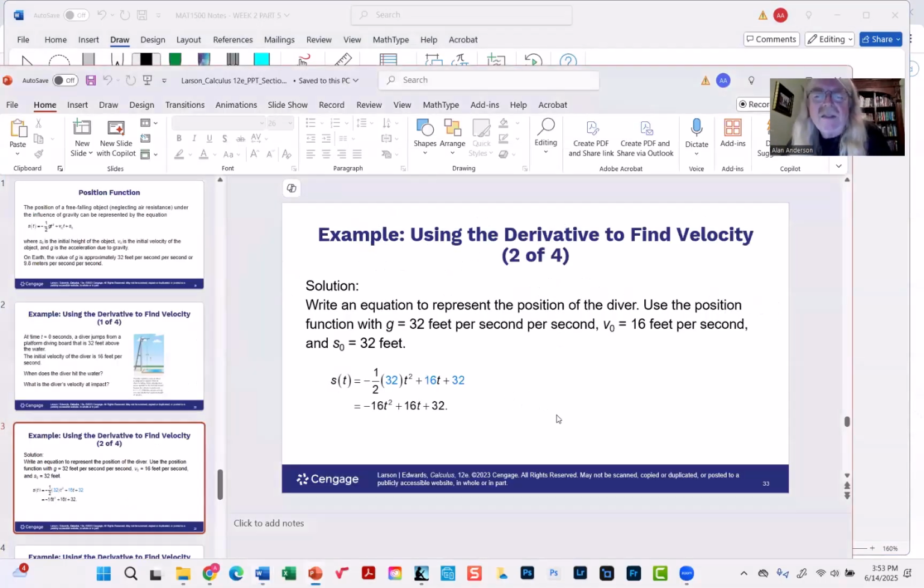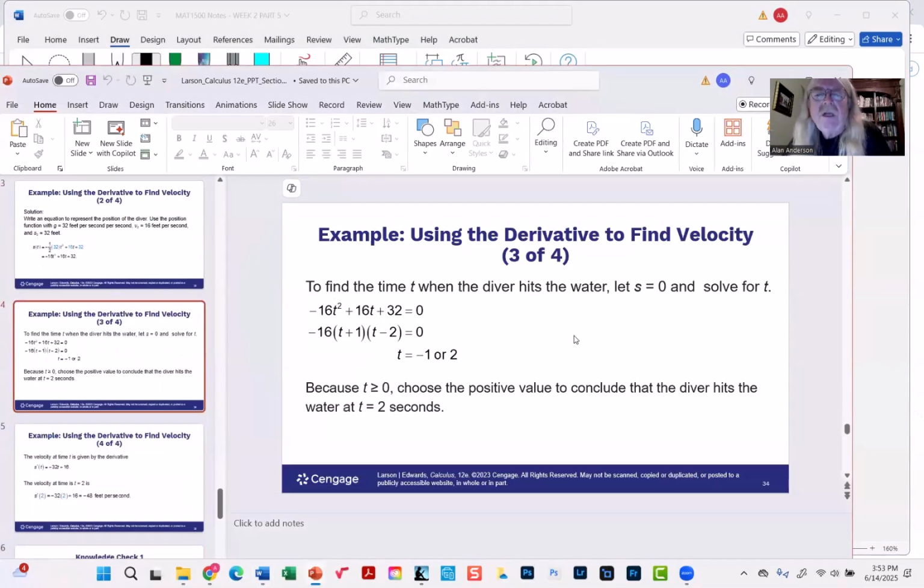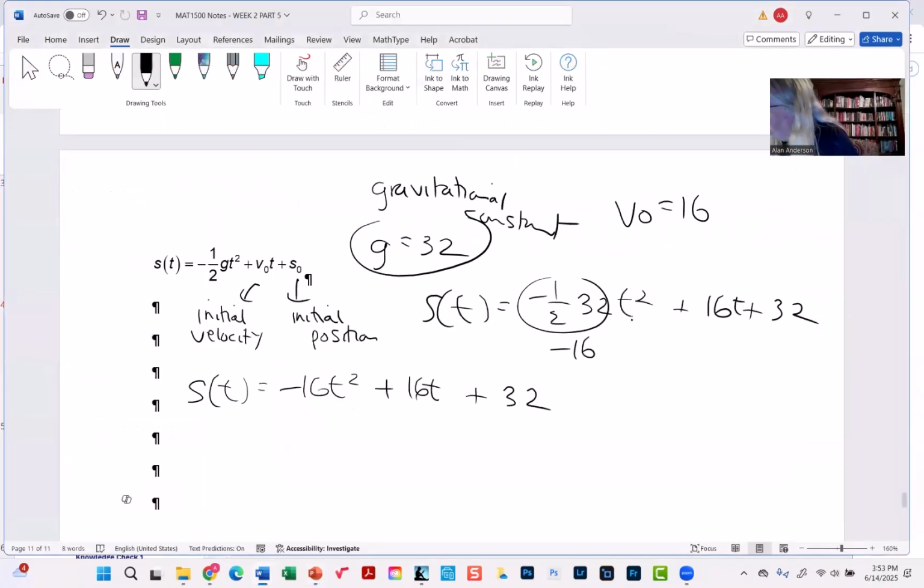All right, with all that being said, when does the diver hit the water? Now that means that S is zero. S, remember, is your position relative to the Earth. So in other words, we're solving for S equals zero.